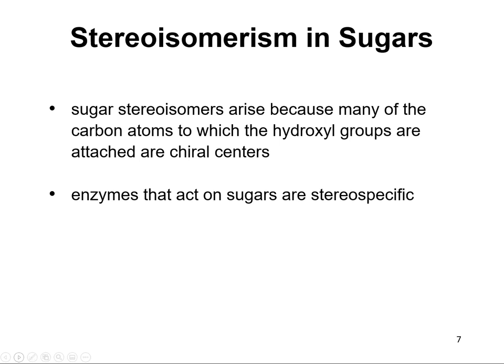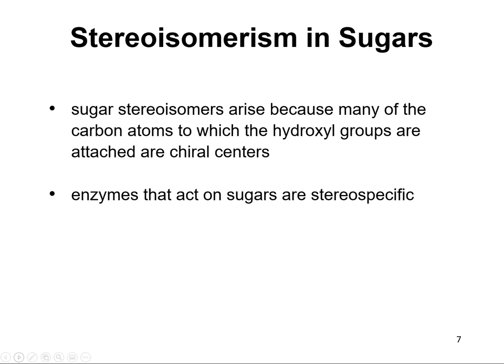We talked about stereochemistry a little bit. We're not worried about it too much when it comes to the amino acids, but stereochemistry is absolutely key when we're talking about carbohydrates because all the enzymes that deal with sugars are stereospecific. So sugar stereoisomers are present simply because you have carbon atoms where hydroxyl groups are attached, and we've got all these chiral centers.